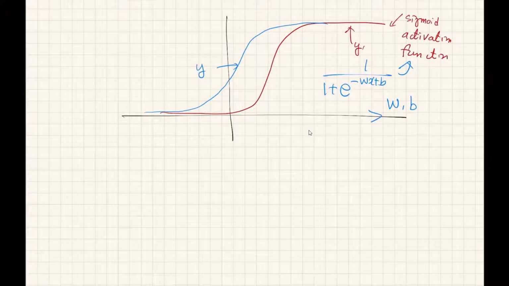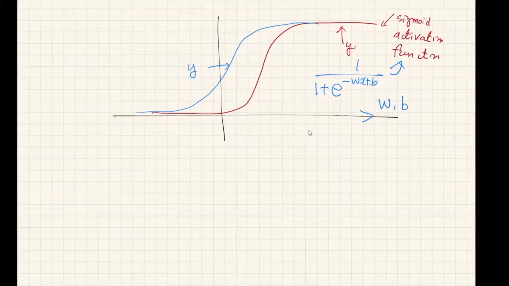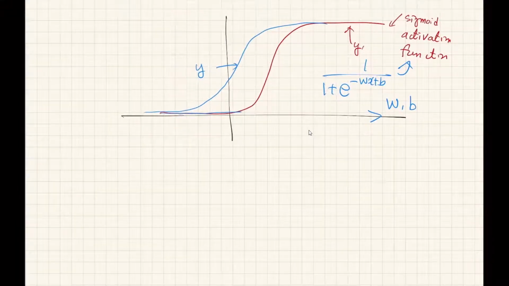Then in this case, this area is a little bit difficult mathematics. In this area, y dash is becoming near 0.